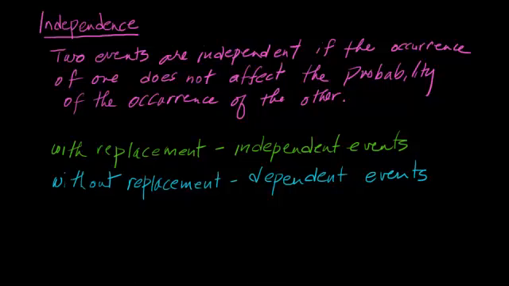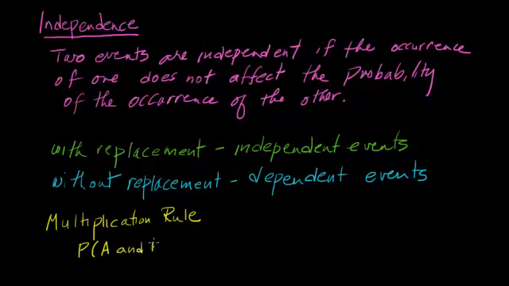So our multiplication rule is written: the probability, remember this is A and B, the word and indicates multiplication rule, is equal to the probability of A, that's our first draw, right, times the probability of B given that A has already occurred.